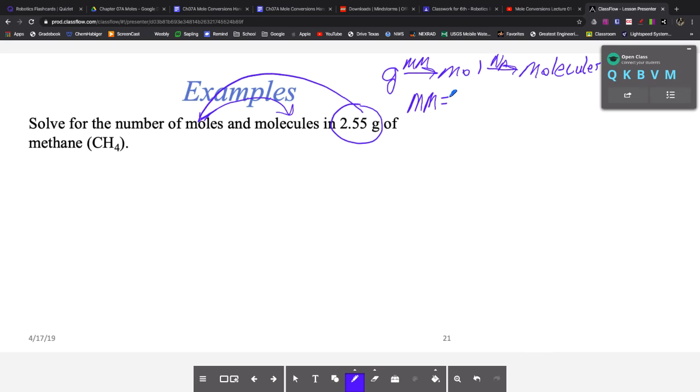If we add that together, or if we look it up on Google, we find that methane has a molar mass of 16.04 grams per mole. So if we write that as a conversion factor, 1 mole of methane is equal to 16.04 grams of methane.